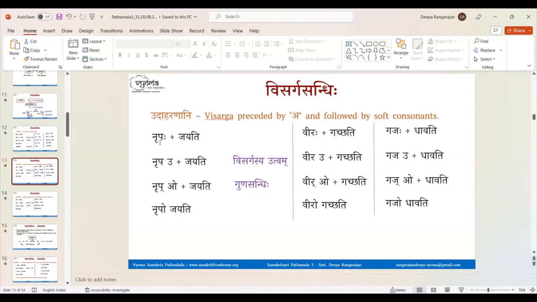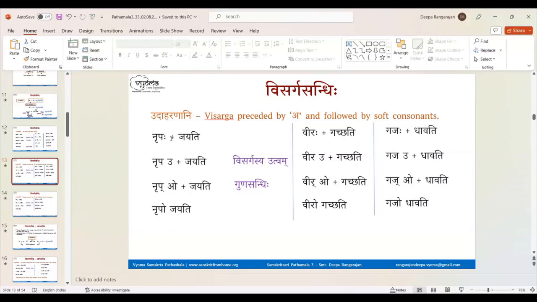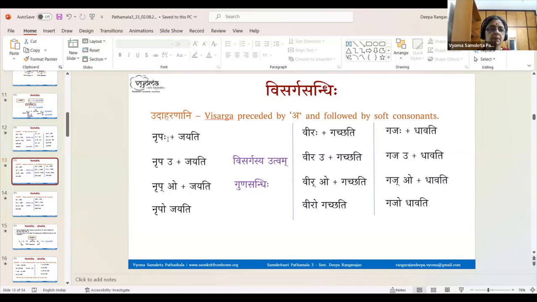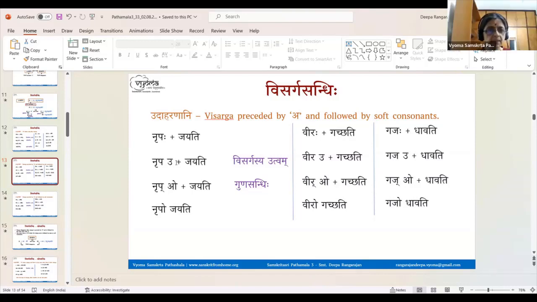When you start explaining Pakaram, here the Visarga is preceded by Akara. Nripaha. The Pakara is followed by Akara, followed by Visarga. So what precedes Visarga is Akara. Is that right? Yes. After that, we have the Visarga, which has now become Ukara. So Pa and the Akara and Ukara become Okara. So Nripo. And what follows is Jakara.